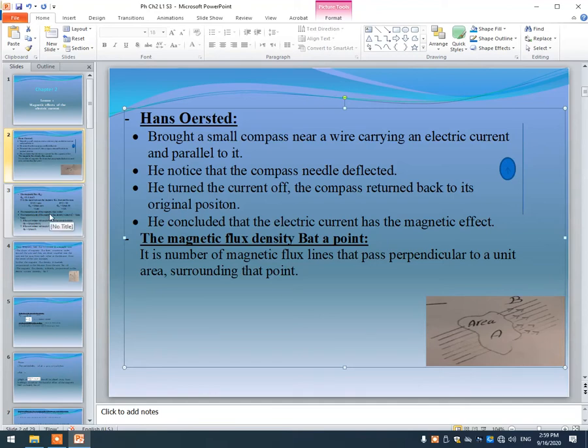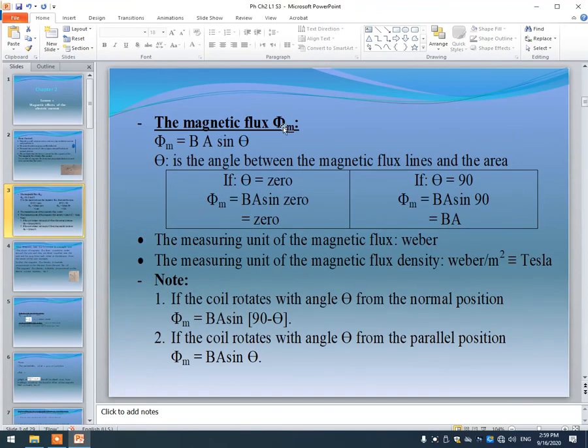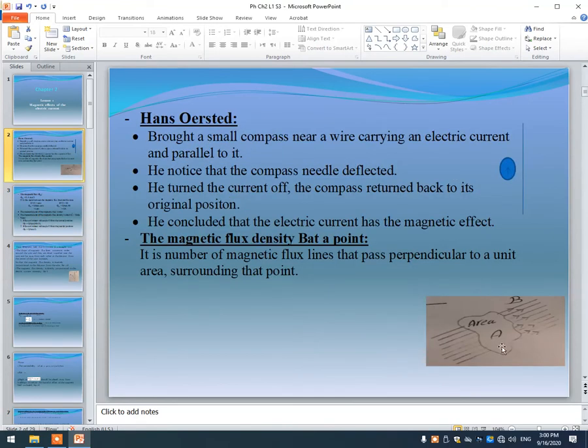And what about phi m? Phi m is the magnetic flux. Phi m equals AB sine theta. A is the area which we are studying here. B is the magnetic flux density, the flux lines which pass perpendicular to 1 meter squared of this area.